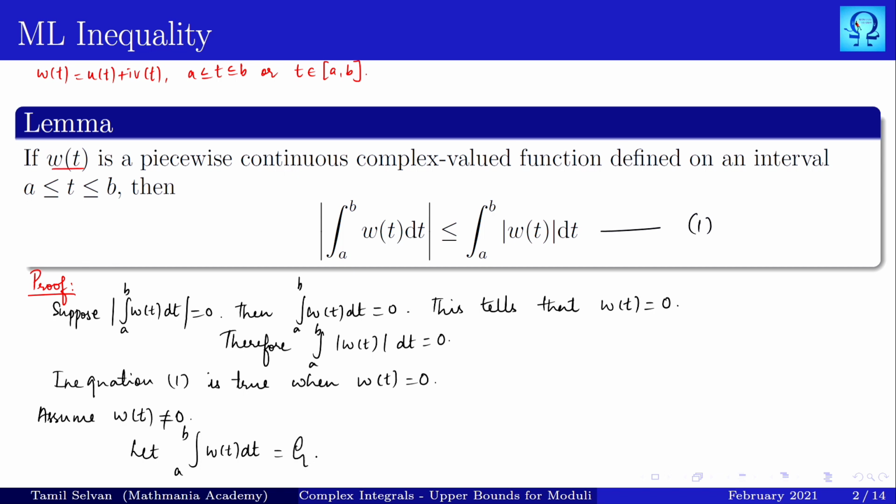Let me give some notation, where alpha is a complex number. When we integrate this quantity, we are getting some complex number. That is the idea I was trying to convey here.